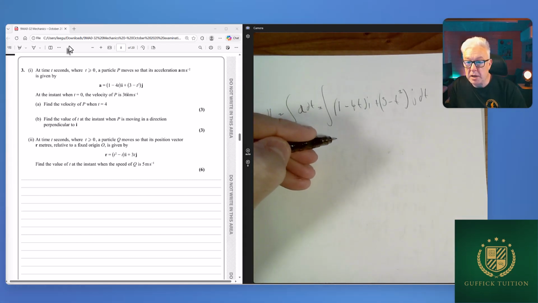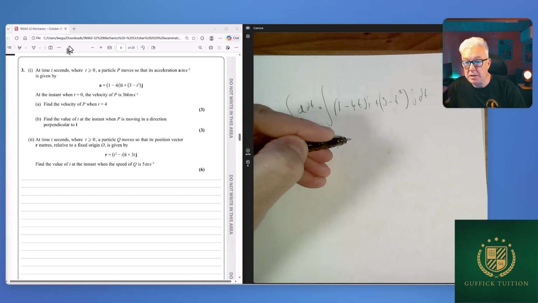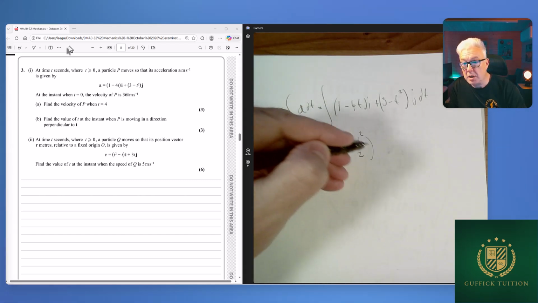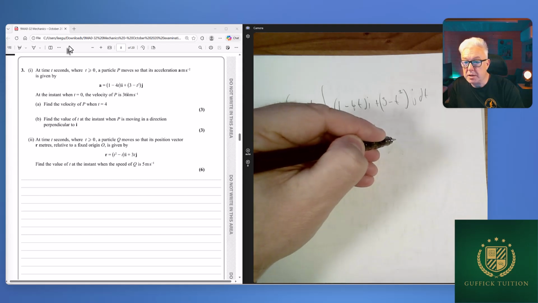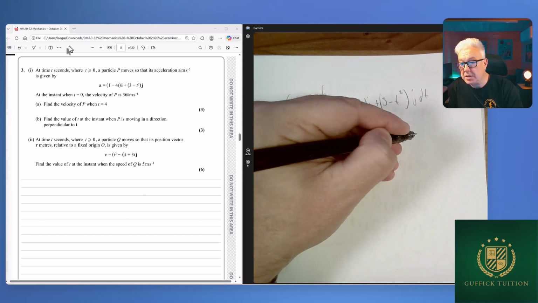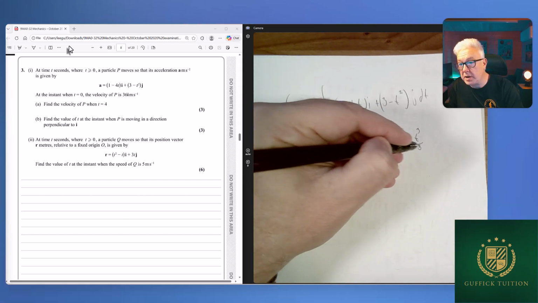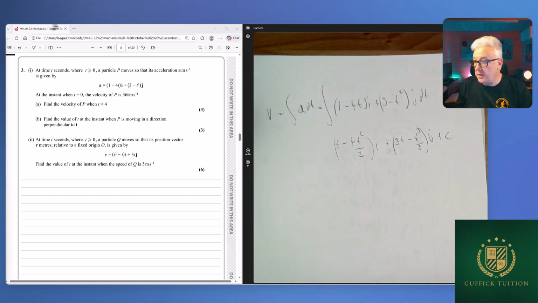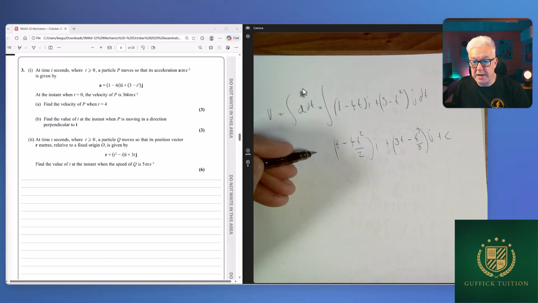So when we integrate this with respect to time, that is going to go to (t - 4t²/2)i + (3t - t³/3)j + c, where we don't know what c is.